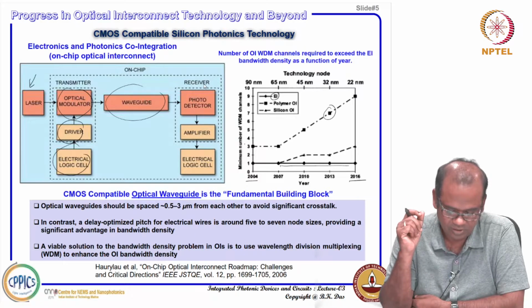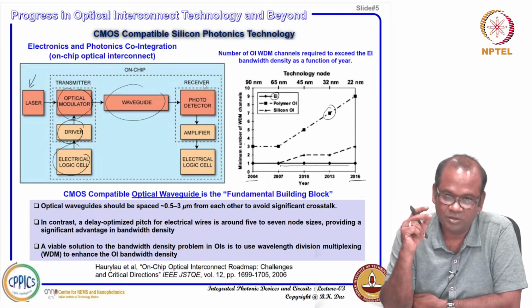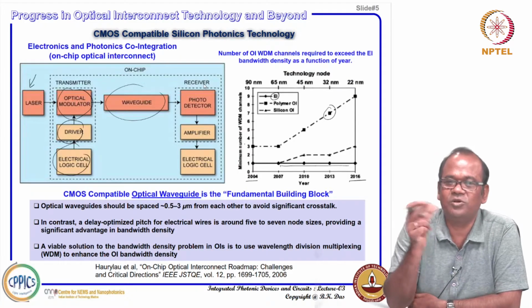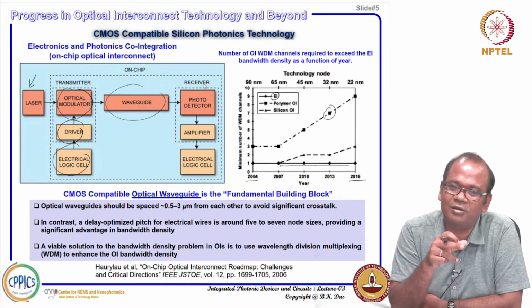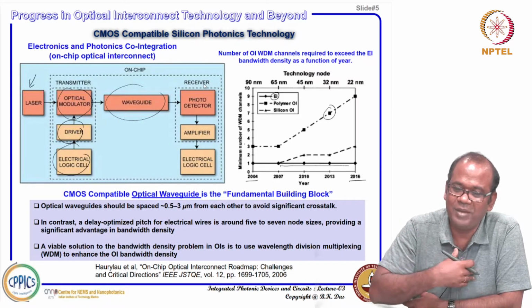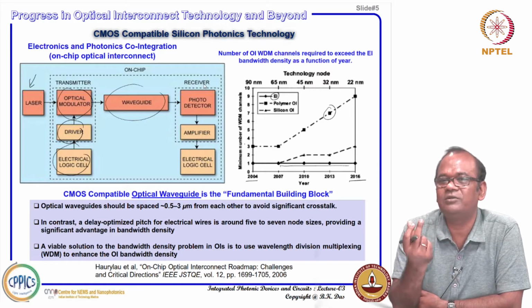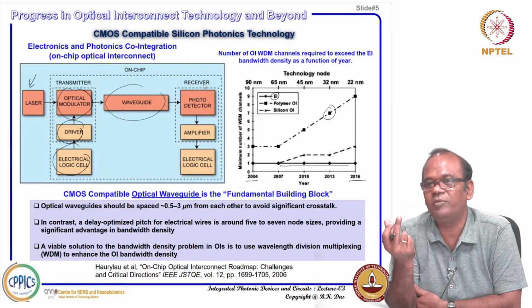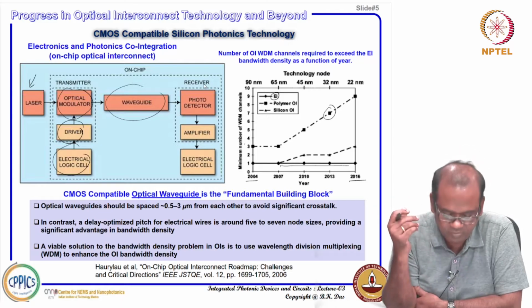However, there are certain mismatches with actual CMOS electronics technology. If you want to integrate optical waveguides, you may not need many, because one particular optical waveguide can carry a huge amount of data.